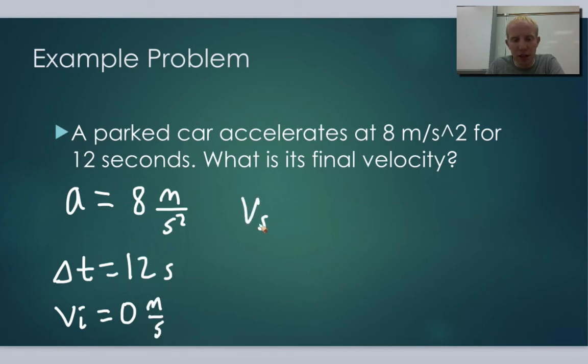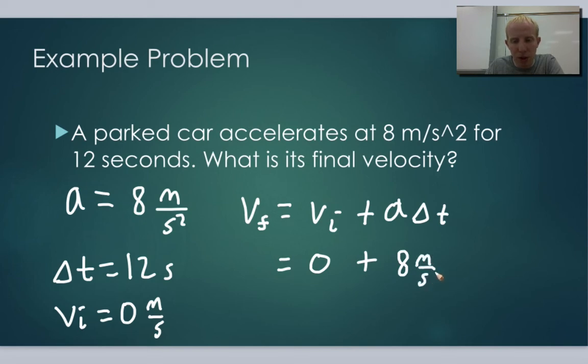The final velocity equals the initial velocity plus the acceleration times the change in time. In this case, the initial velocity is 0, the acceleration is 8 meters per second squared, and the time is 12 seconds. So that's going to give us 8 times 12, which is going to be 96. Now let's look at the units.